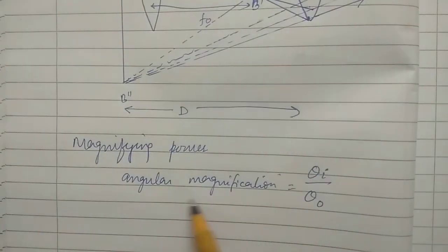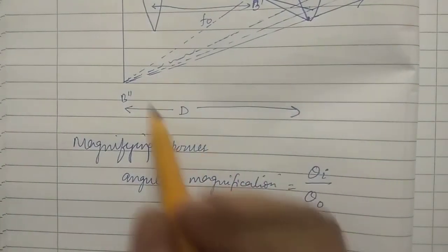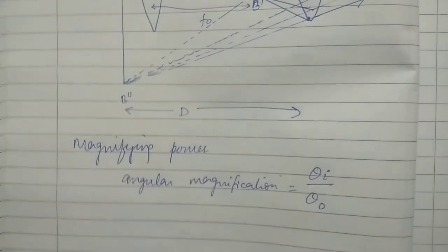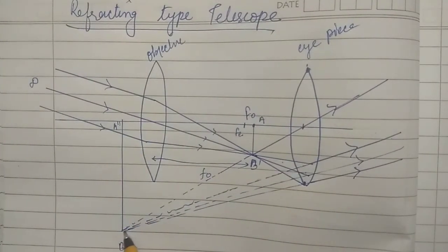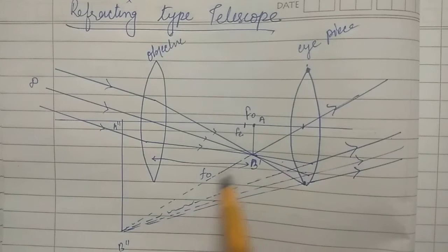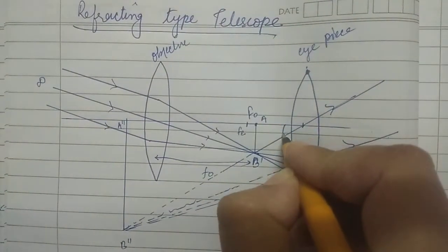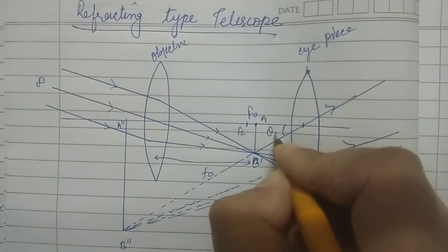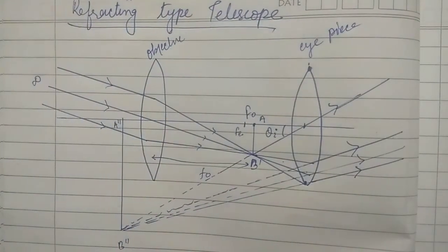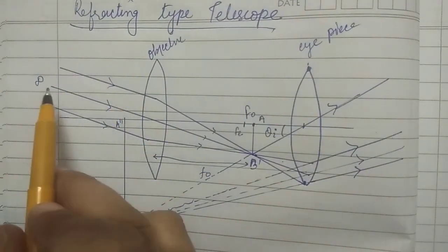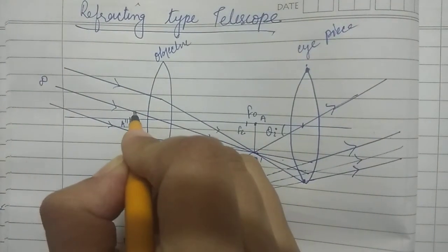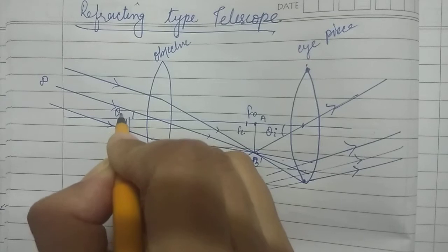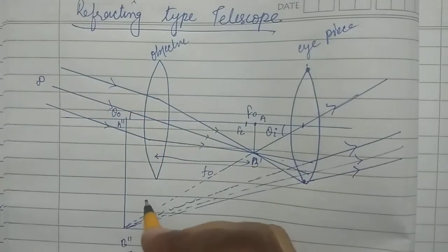Now let us see what is the angle subtended by the final image. This is the final image. Let us see in the diagram. This is the final image, and you see this is subtending an angle theta I here. And you see these rays, they're coming from infinity, and these are subtending an angle theta naught with the principal axis at the objective.